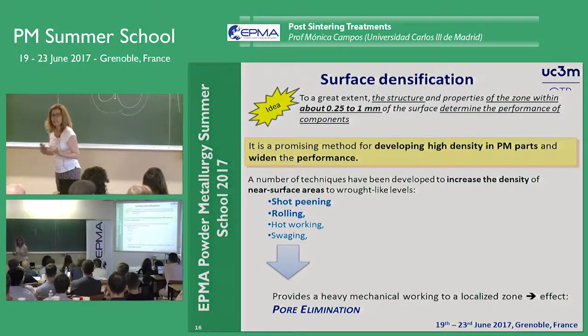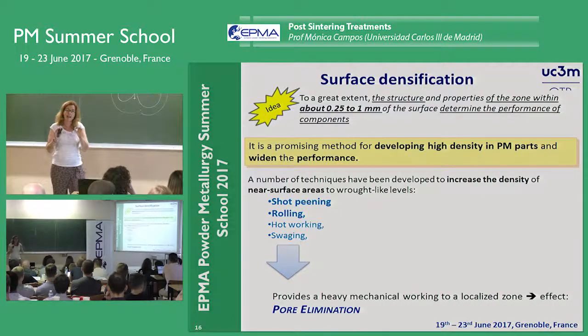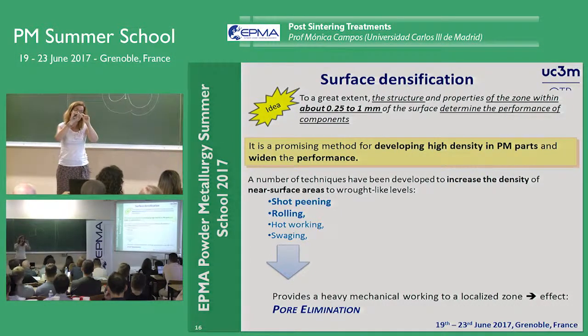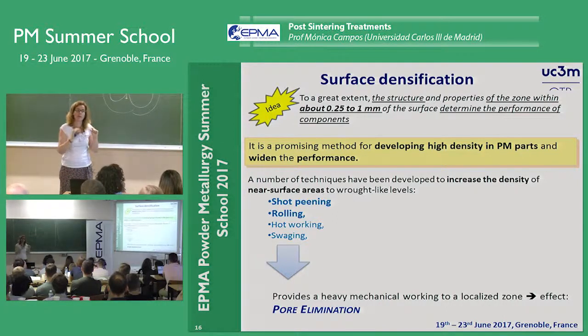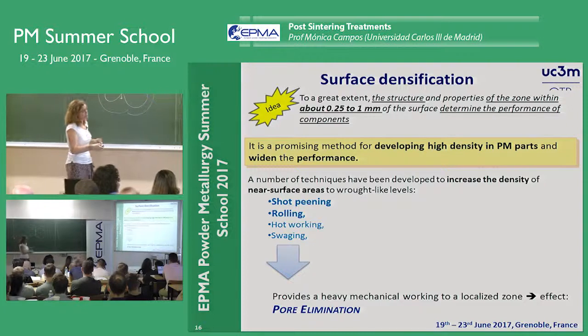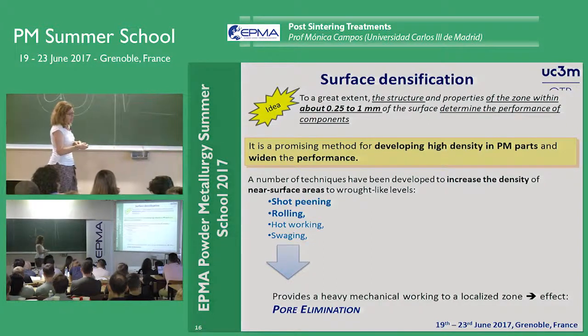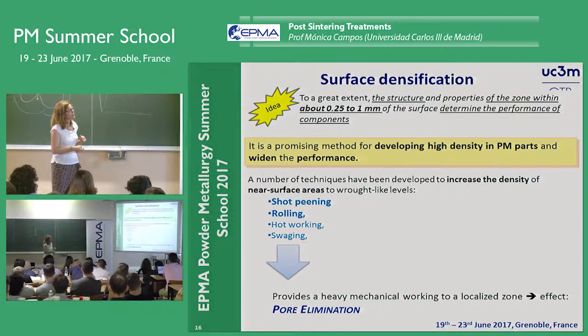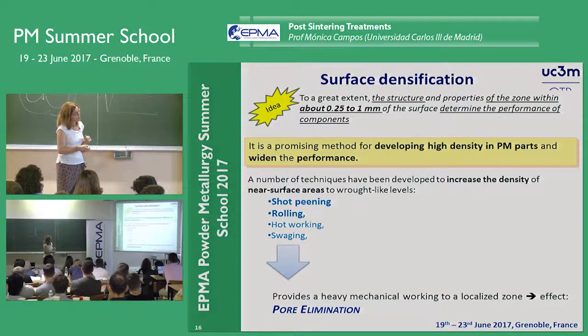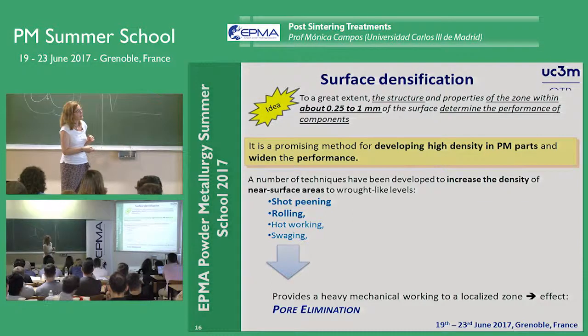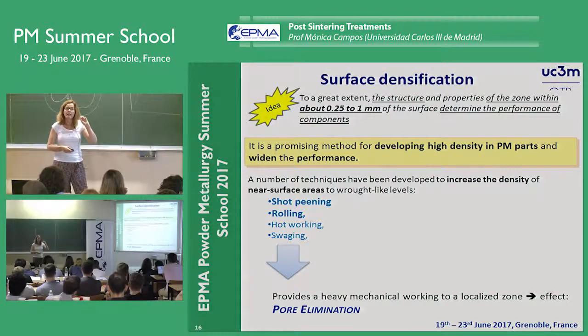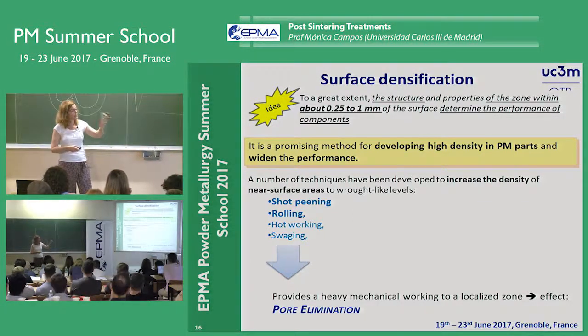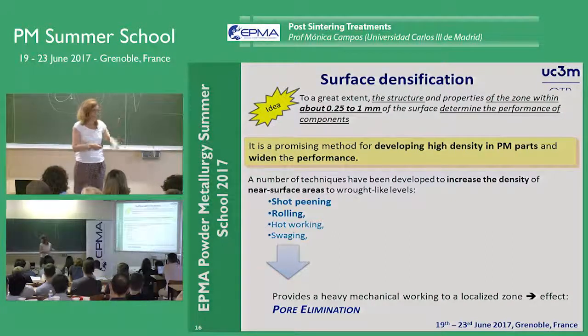And then the result is, why not just densify this layer of the component? And there are different methods for doing this. We can choose shot peening, rolling, hot working, sizing. I am going to give you some ideas about shot peening and rolling. The final objective is to eliminate the pores near the surface.